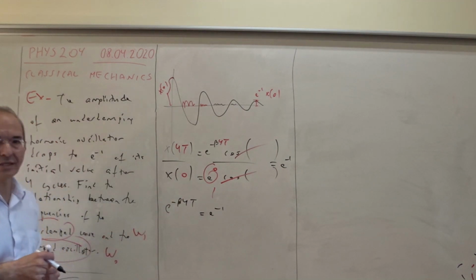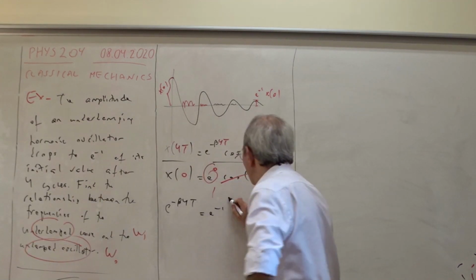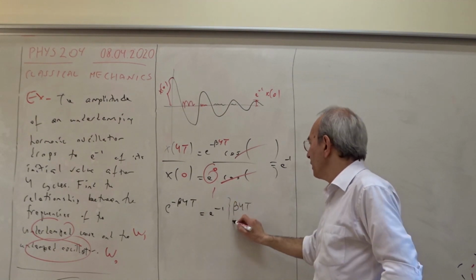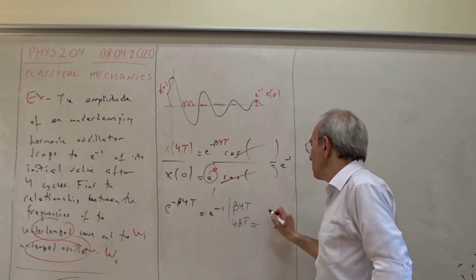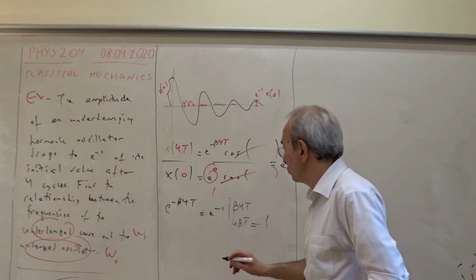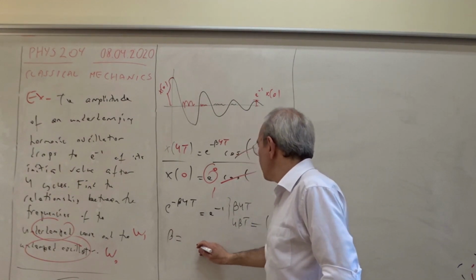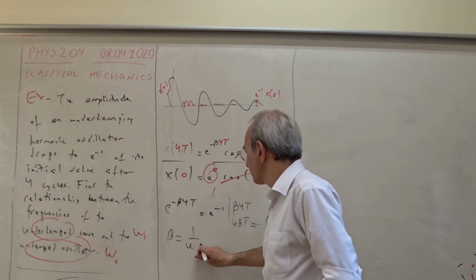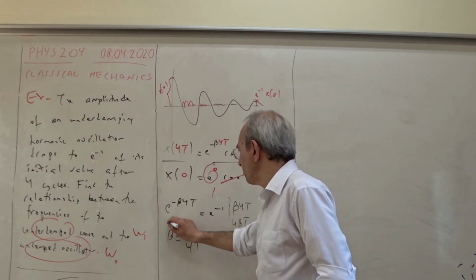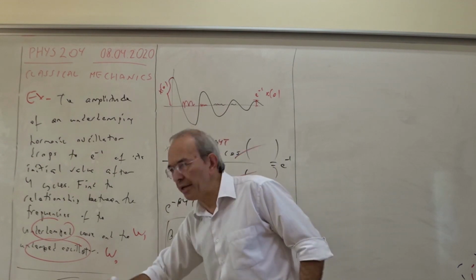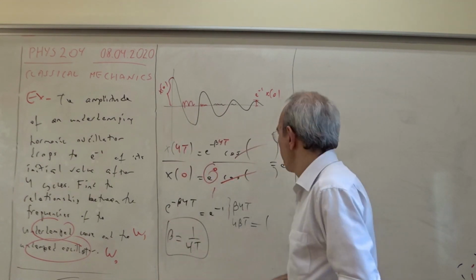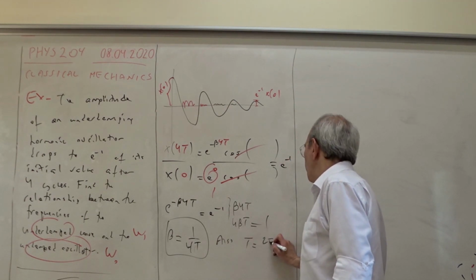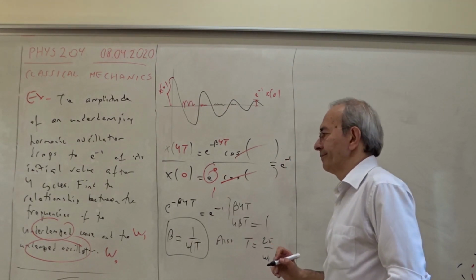So we get 4 beta T is just 1, so beta can be written as 1 over 4T. This is a piece of information that we can apply from the problem. Also, T is equal to 2 pi over omega 1.